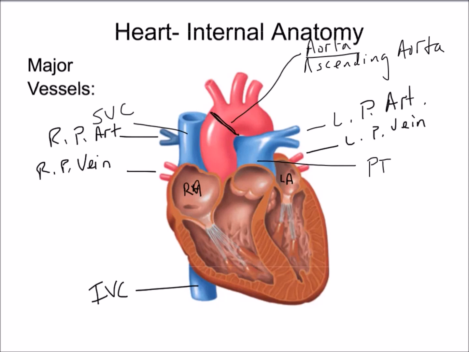The second part is where the branches exit the aorta. This part right here is called the aortic arch. And then the last part is after the arch, which is this piece right here. This is called the descending aorta.